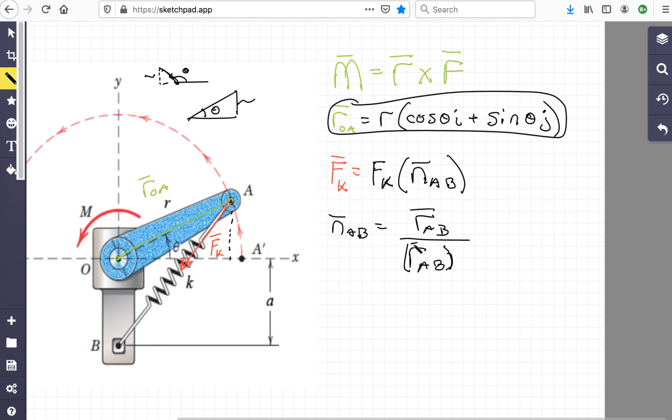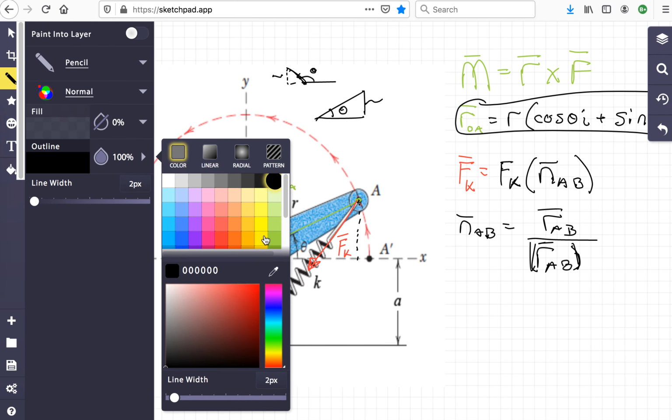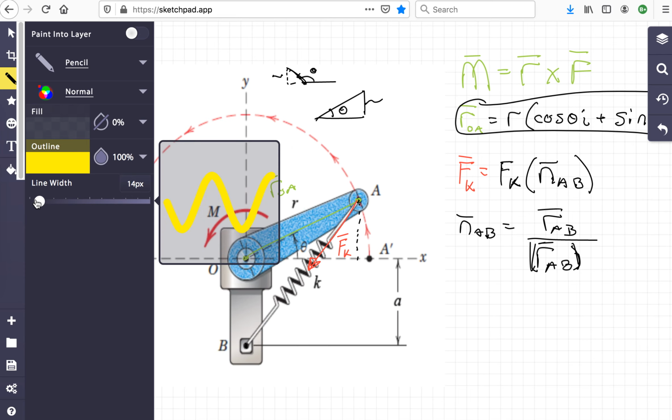The magnitude of R vector AB. So in this case, if I put this term in, say, yellow, and I'm going to thicken this up so we can see this in a little more brightness.